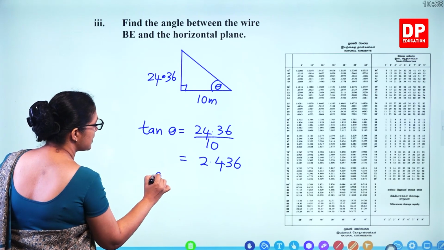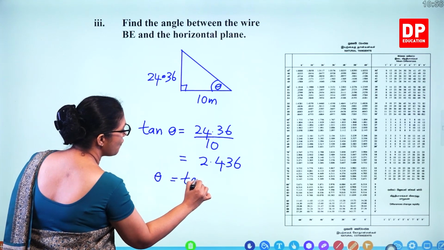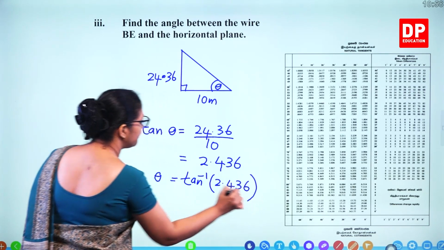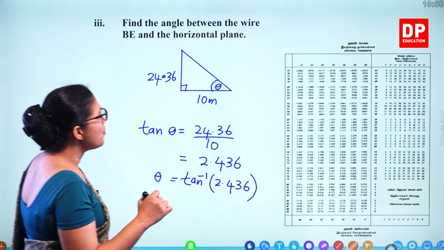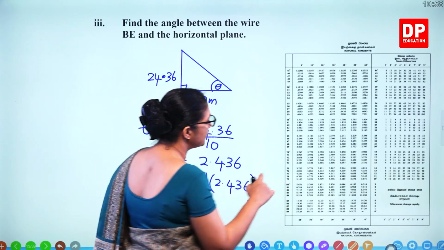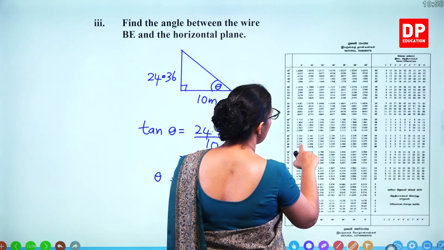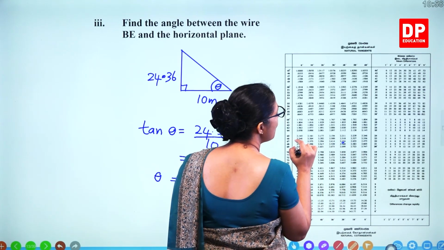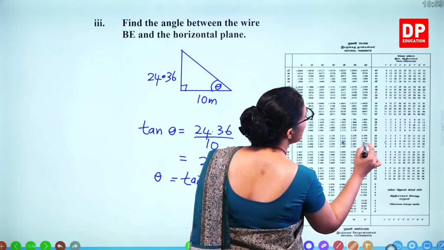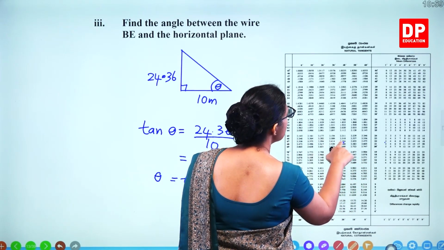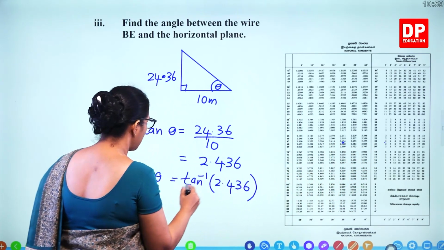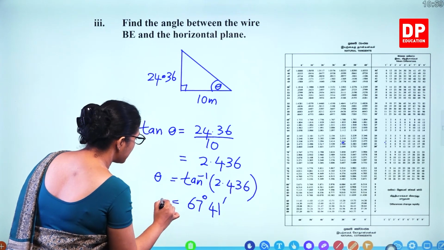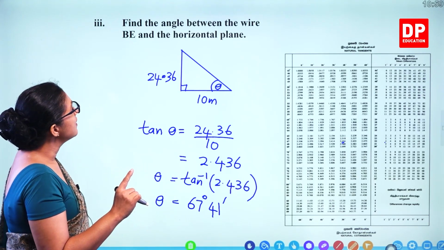So theta is tan inverse of that. So you have to find out where you get this value. 2.436. 434 is there, so we need 2 more. That's 1. 67.41. 67 degrees and 41 minutes is the angle here.